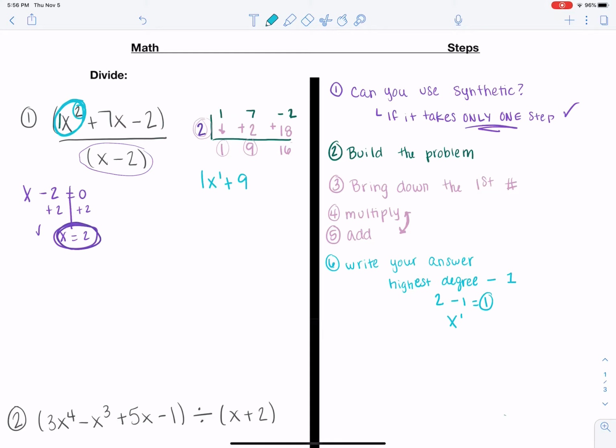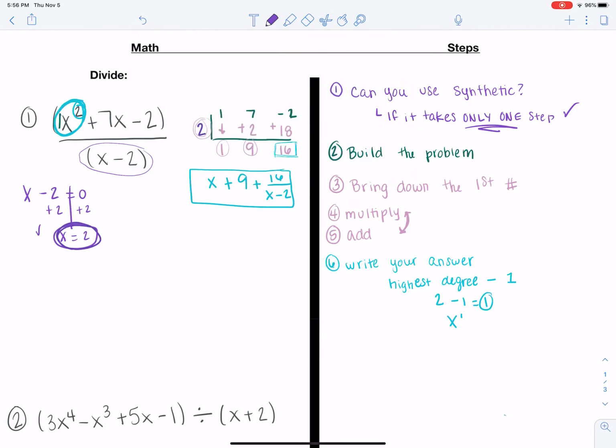Now, this 16 is left over. If it's left over, that means it's going to become our remainder. And you put the remainder over the divisor. To clean it up, we can get rid of the 1 coefficient and the 1 exponent. So we really have x plus 9 plus 16 over 2.